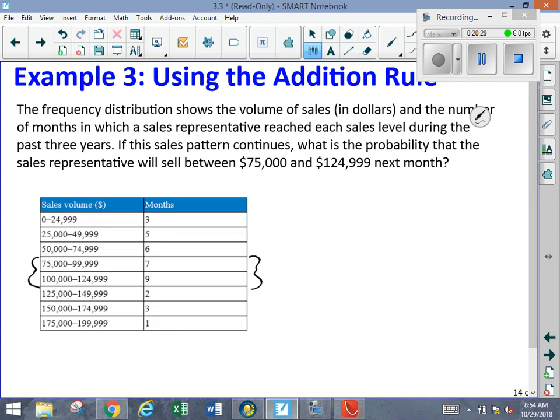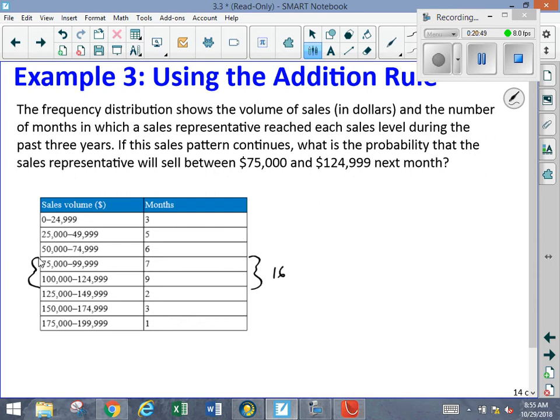How many months has that occurred? It has occurred 16 months out of his total months, during the past 3 years, I guess.